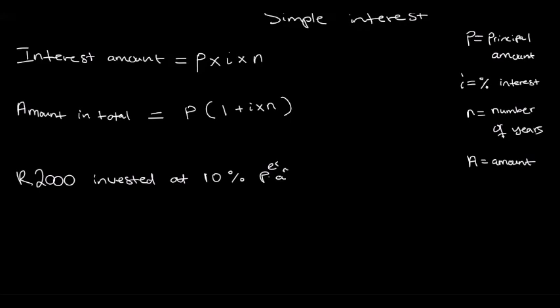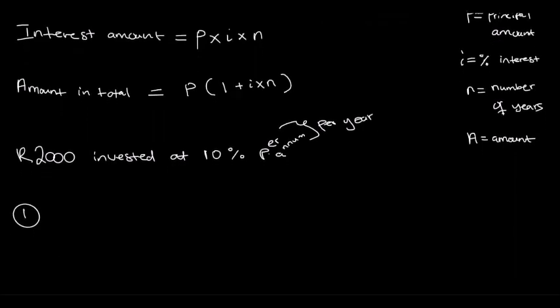It means at the end of each year you are gaining 10% of the money that you put in. So question number 1 is, how much interest is that? Just find the interest.